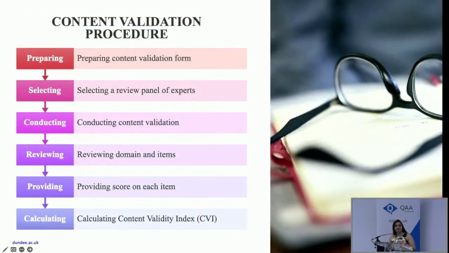After that, the Delphi study gave consensus that these items should be included in the sense of belongingness scale. But what about the clarity, and the wording of the statements? So I did the content validation. These are the steps I followed: prepare the content validation form, select review panels, conduct content validation, review domains and items, provide scores, and calculate the content validity index, that is CVI and ICVI.